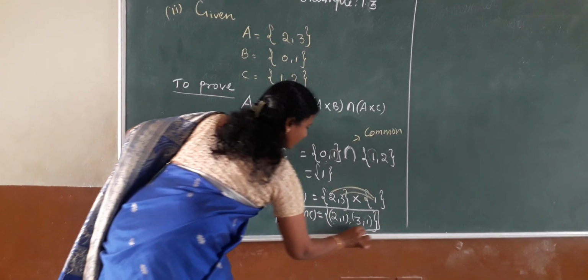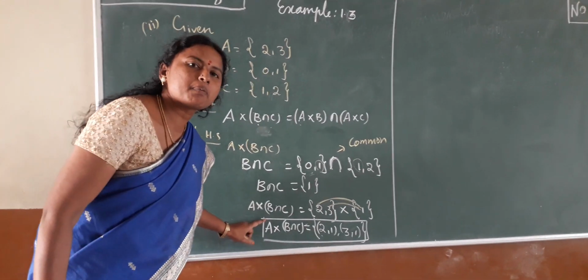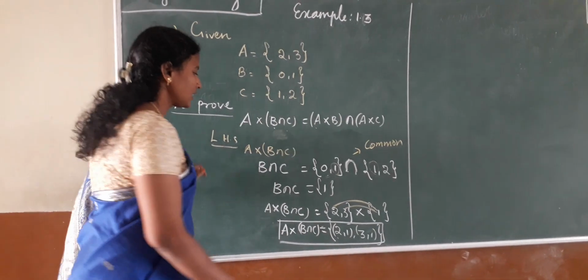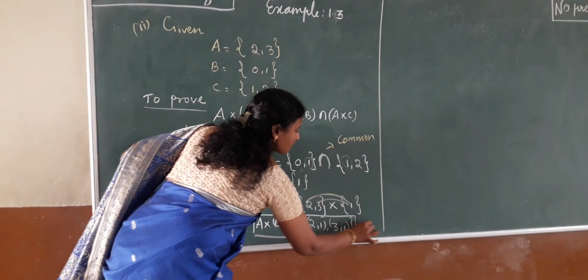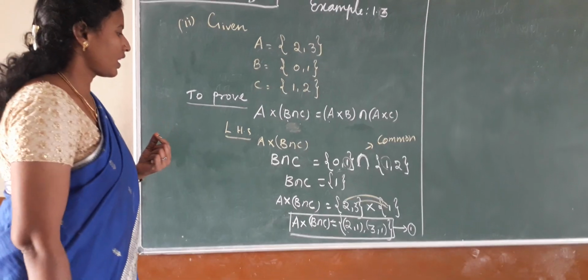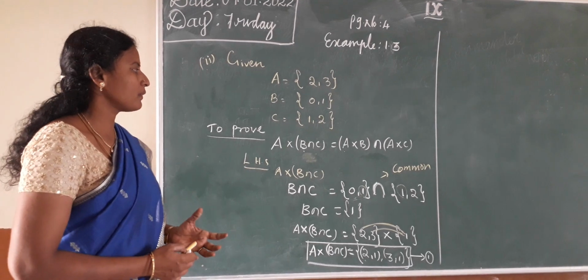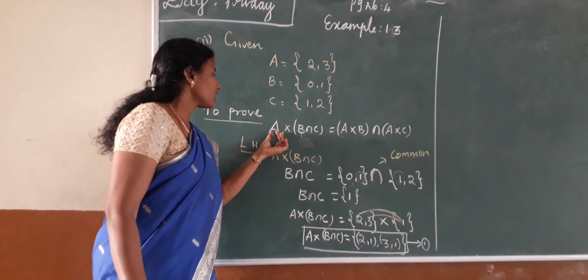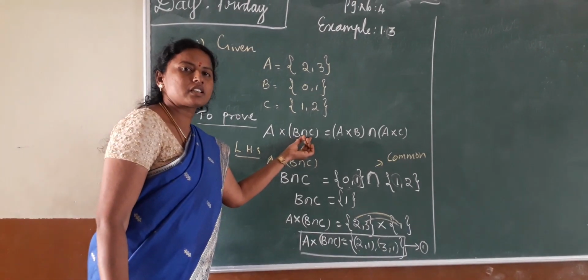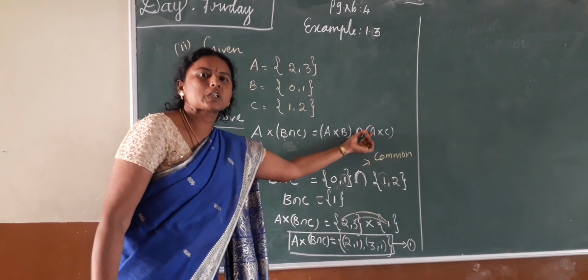The answer is this one. Dear children, draw the line using a pencil. Don't forget, draw the line using a pencil and put equation number 1. This is used for us. And then which one do we want to prove here? What is our aim? Our aim is A × (B ∩ C) = (A × B) ∩ (A × C).